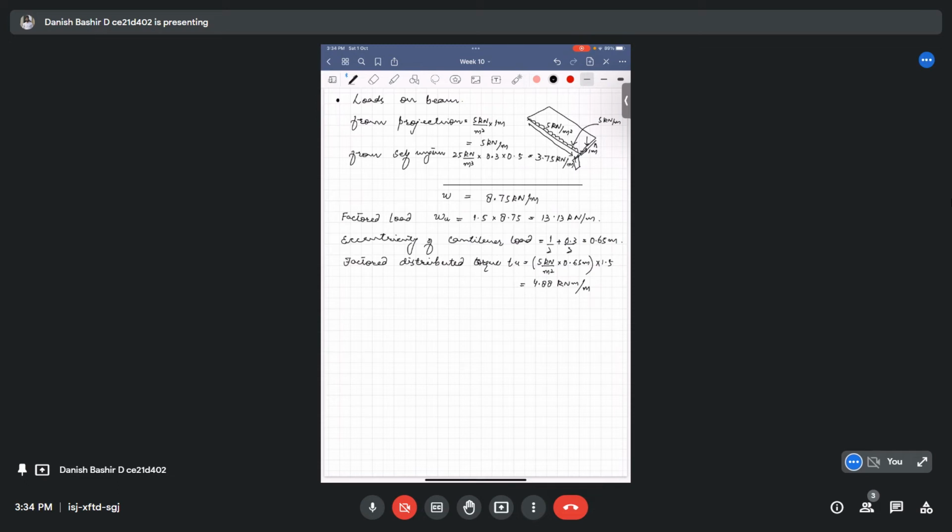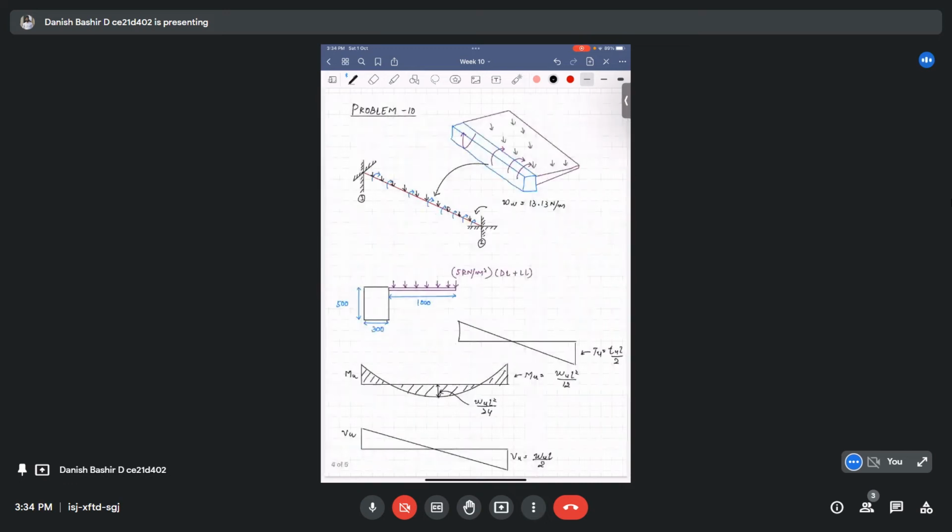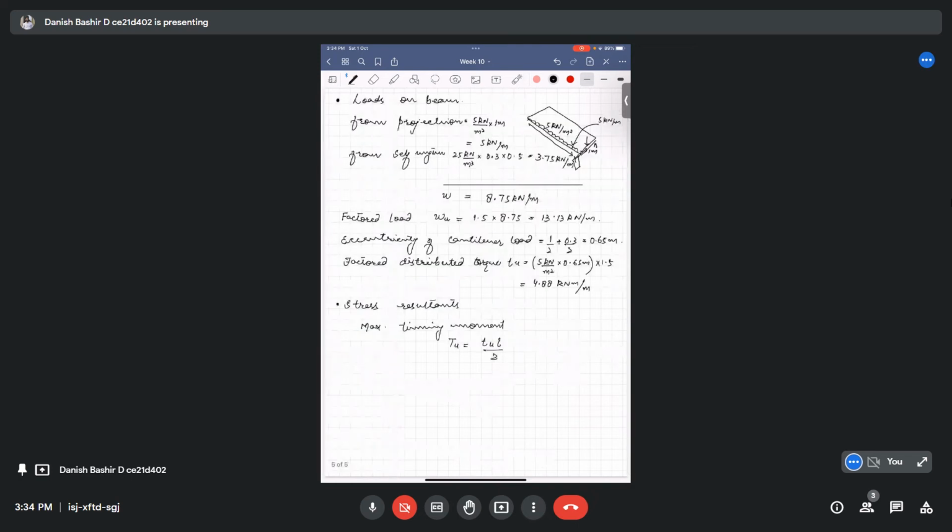Now we have to calculate the stress resultants, from which we get the stresses on our beam. Firstly, the maximum twisting moment Tu is Tu l by 2, as I showed in the diagram.